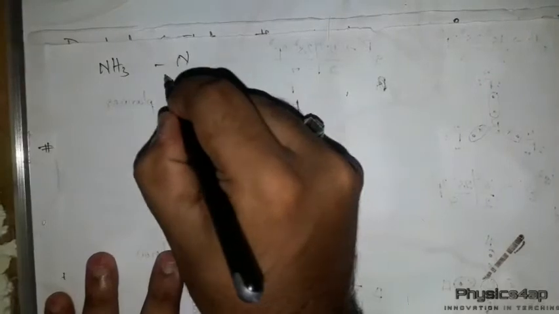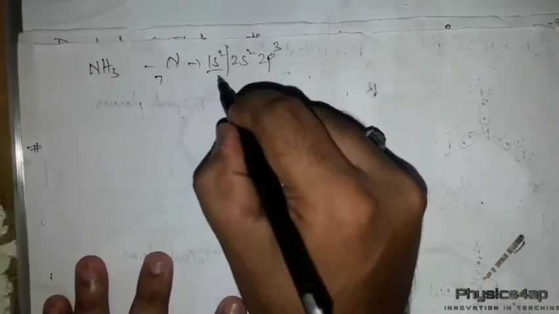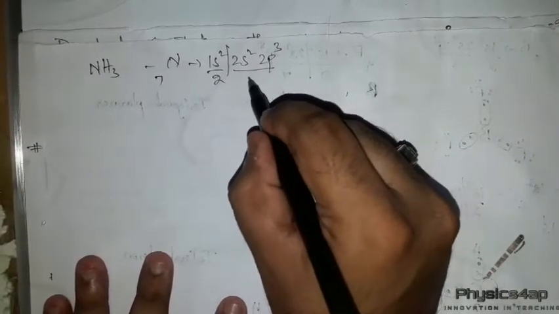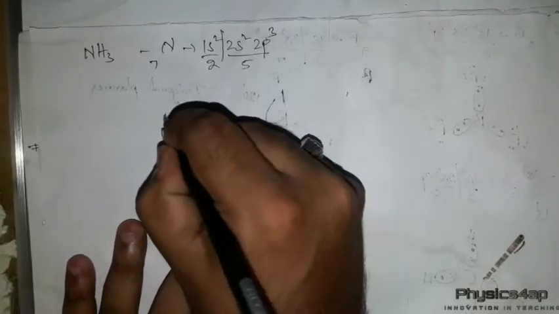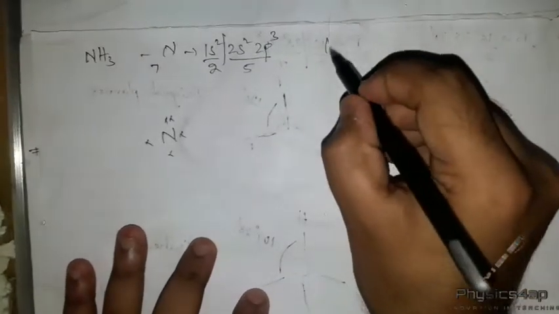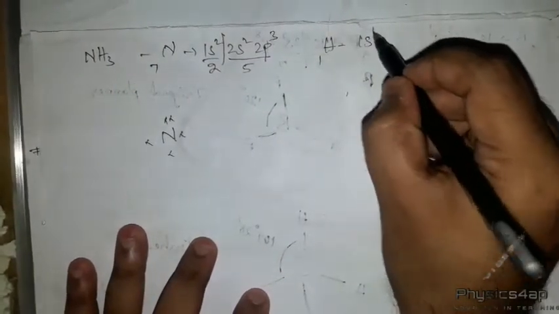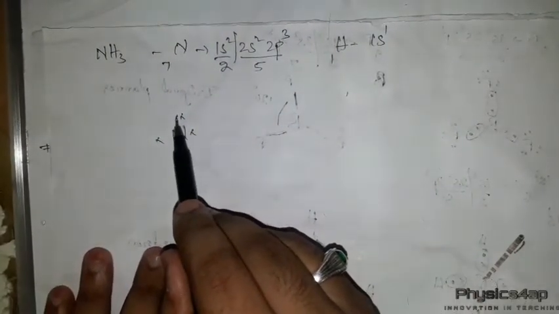Nitrogen has atomic number 7, so 1s2, 2s2, 2p3: the first shell has 2 and the second shell has 5 electrons. When we draw nitrogen as 1, 2, 3, 4, 5, hydrogen has only 1 electron, so 3 hydrogens are present. This pair is a lone pair, so it cannot participate in bond formation.